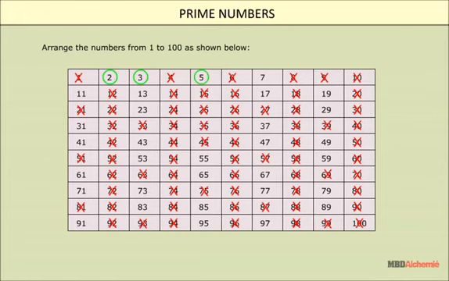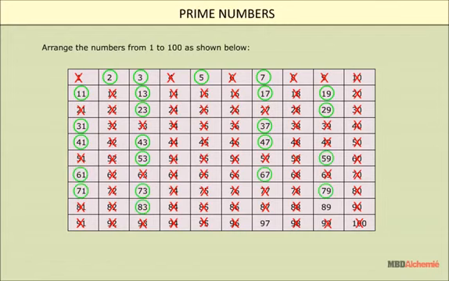Continue this process of encircling the next uncrossed number and crossing out its multiples until all the numbers in the list are either encircled or crossed. List all encircled numbers in the table as prime numbers and all crossed out numbers leaving aside 1 as composite numbers.